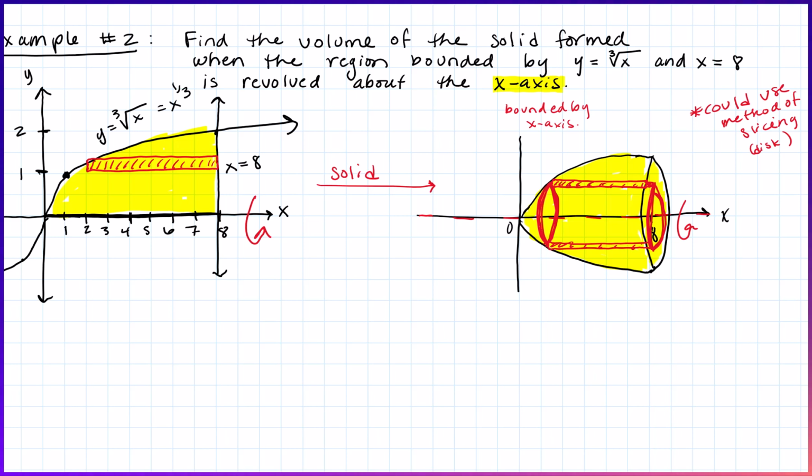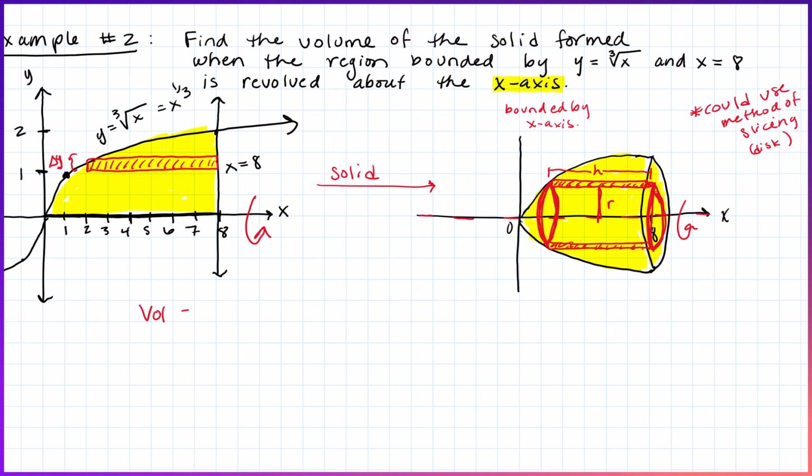So this is what a shell looks like, where we take a little representative rectangle and we spin it all the way around. So what we need is the radius of that shell and the height of that shell. As a reminder, we want to come over here and think about what my thickness is. My thickness is a delta y. The thickness of these shells is a delta y.